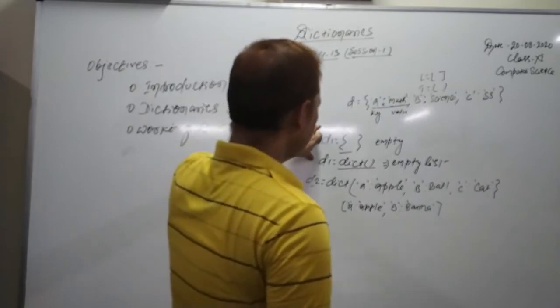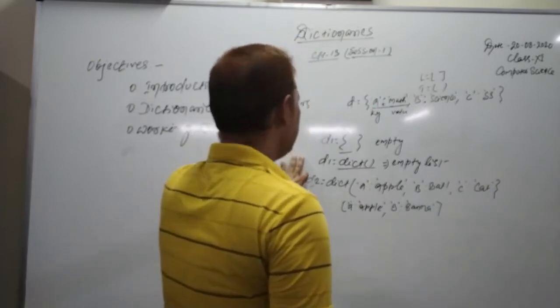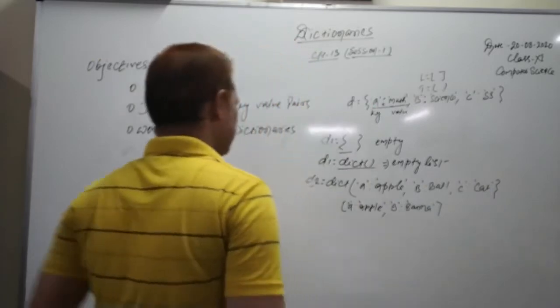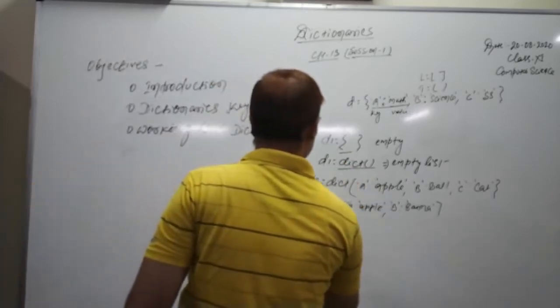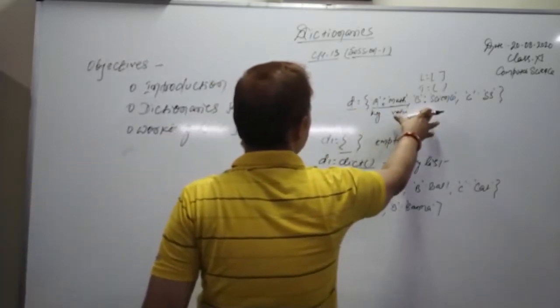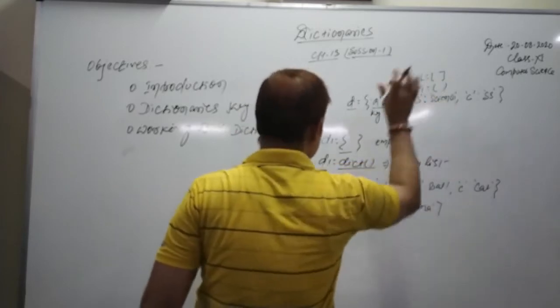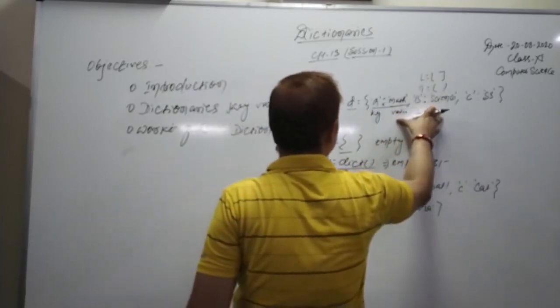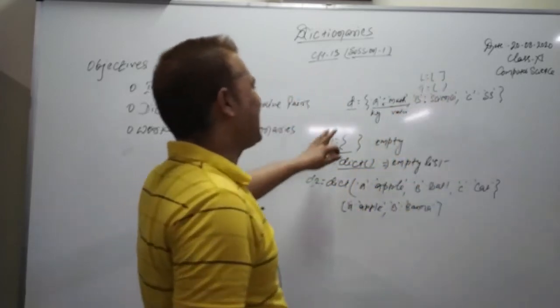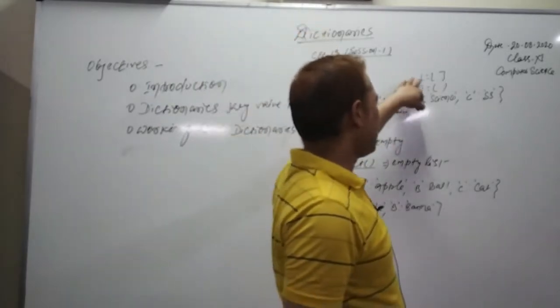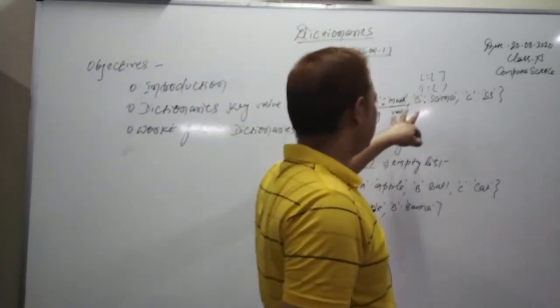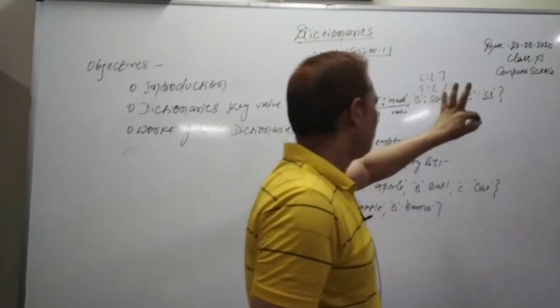Now, how to access a particular element of a dictionary, that is the question. Suppose a dictionary D that I've created, A for math and B for science, and I want to refer to a particular element. Mind it, there is no index. Like list and tuple having an index position of the element, in the dictionary there is no index. Forget about that.